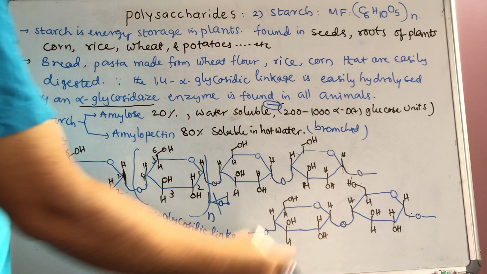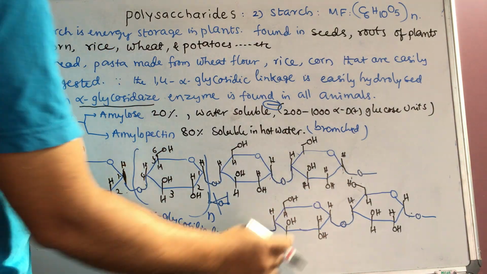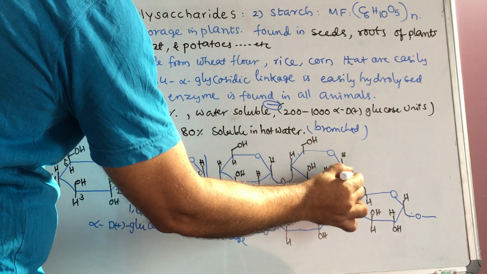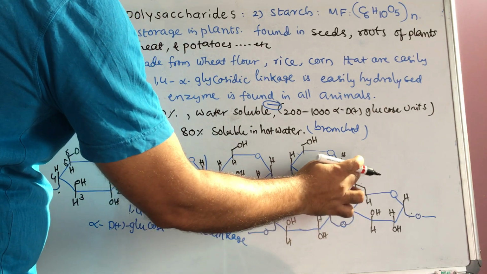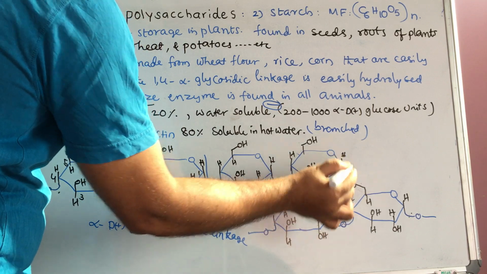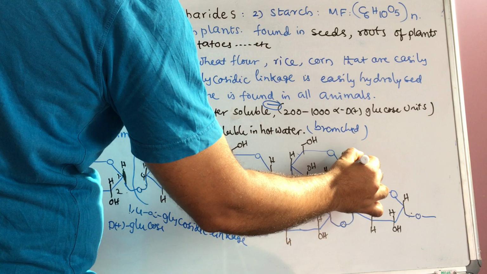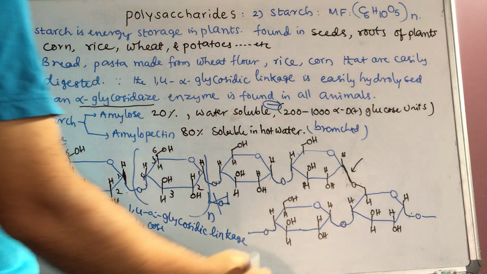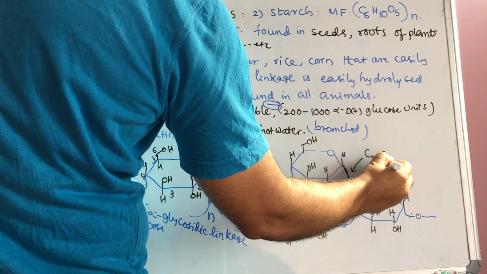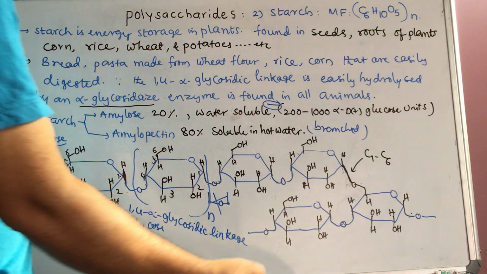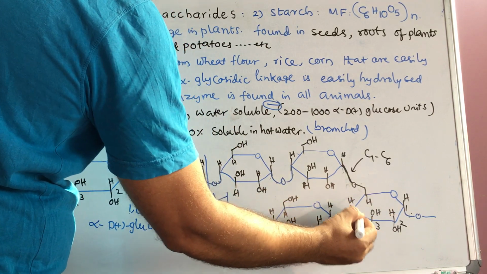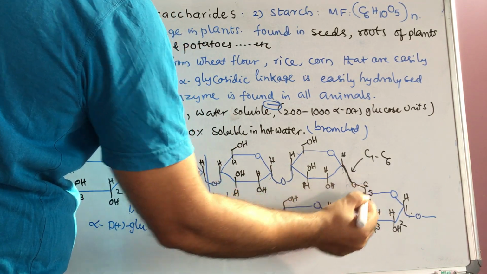Now in between these two chains, here one more, if there is an OH here, then here H and OH, a water molecule is lost, and we will get this type of bond. This is also a glycosidic linkage, but which one is this? It is a C1, C6 linkage, because this is 1, this is 2, 3, 4, 5, and this is 6.